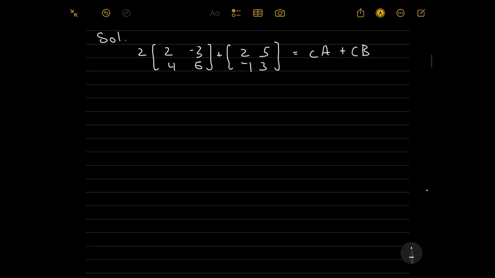Okay, now we're gonna multiply this. First we add these both and then multiply the 2 with it. That would be easier. So 2 plus 2, minus 3 plus 5, 4 minus 1, and 5 plus 3.